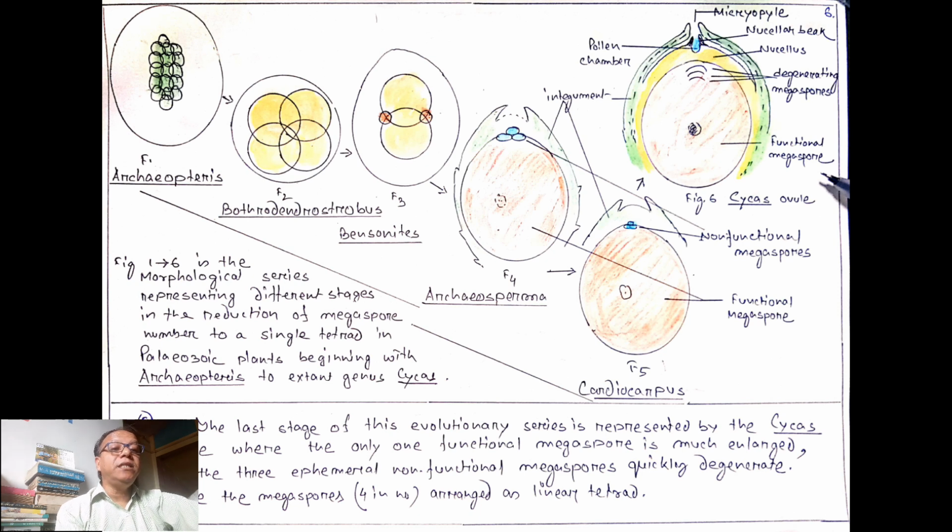So by this morphological series, the scientists represent different stages in the reduction of megaspore number to a single functional megaspore, that is, from numerous megaspores in Archaeopteris to a single one in case of Cycas.